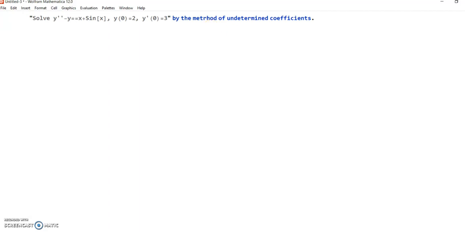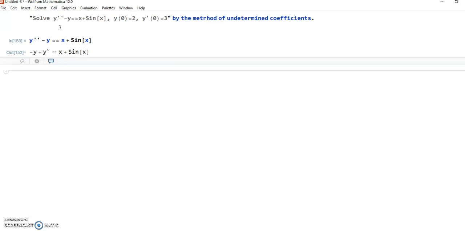So in this case I can write this equation here. Okay, so this is the equation, and then I can write it. So the equation now is in this format. So we can write the characteristic equation now.